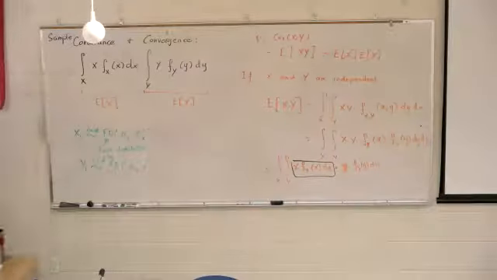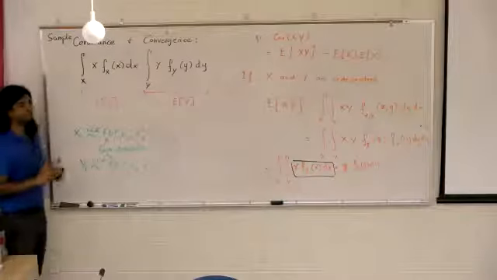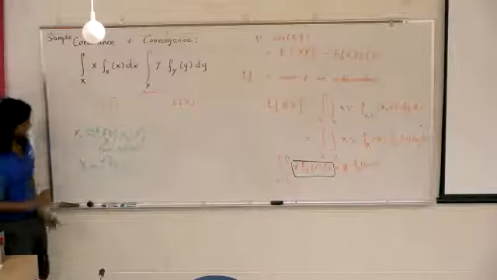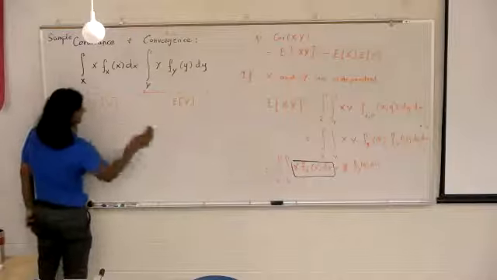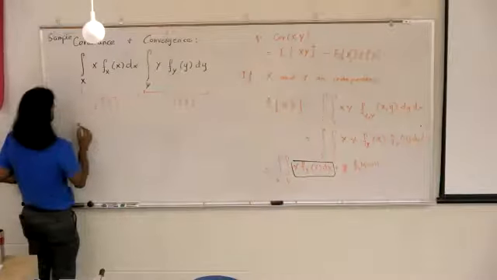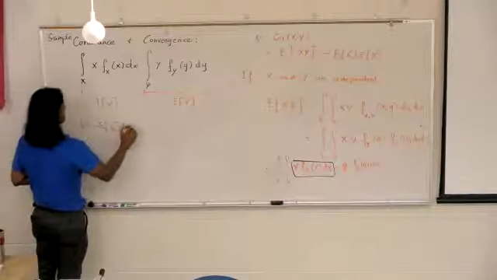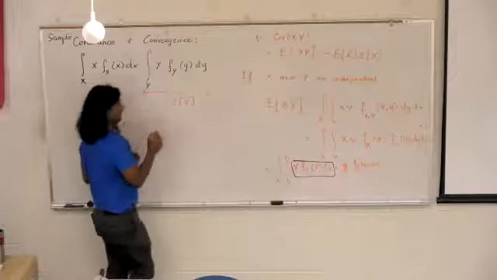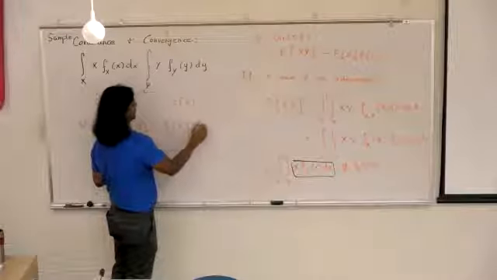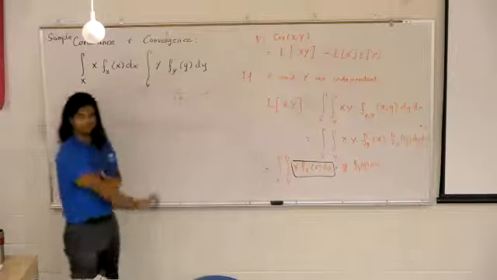So if x and y are independent, the expectation of xy would equal the expectation of x multiplied by the expectation of y. So I can write gamma, if they are independent, as the expectation of x times the expectation of y minus the expectation of x times the expectation of y. Those two would go away, you get 0.